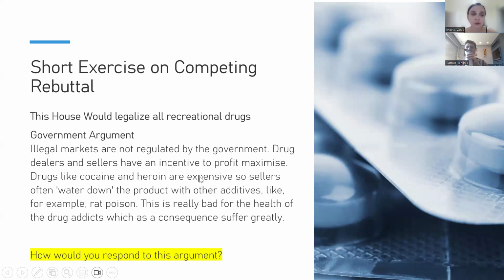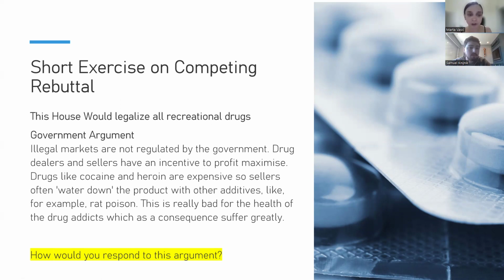Okay, so to reiterate the argument. Very often when you have illegal markets, they are not regulated. And drug dealers very often have an incentive to maximize profit. Very often they do that by watering down the products, like heroin or cocaine, because they're quite expensive, with some other additives which are very often awful for us, for example rat poison.